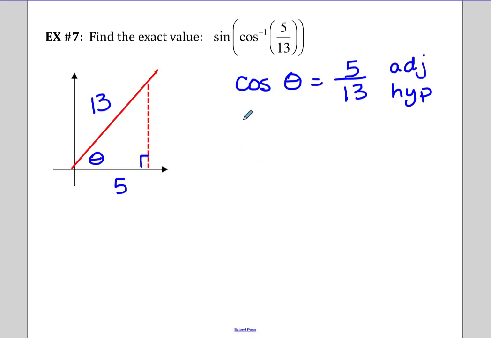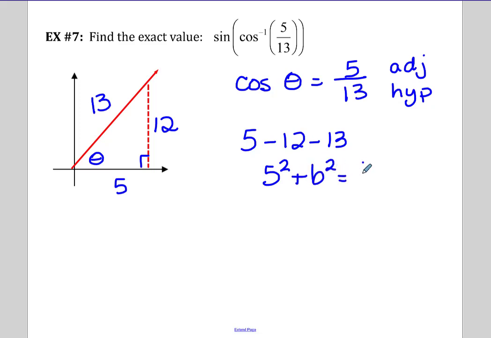If you know from the Pythagorean triples that a 5, 12, 13 triangle makes 12 my missing side. If you don't know that, you can say a squared plus b squared is c squared and solve for b as the square root of 144, or 12.